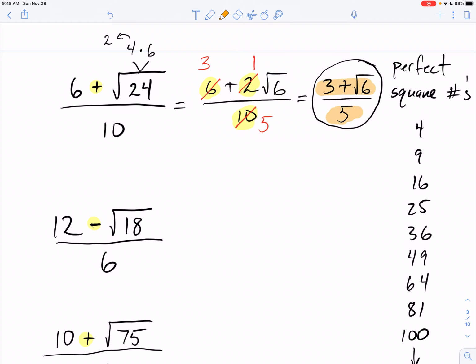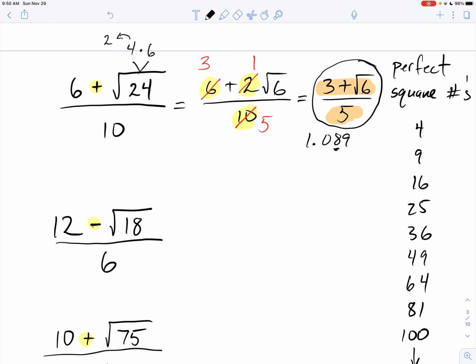So what I have to do on my calculator is I have to get the top to turn into a decimal first. So on my calculator, I punch it in, 3 plus the square root of 6, and then I hit equals. Then I divide by 5. And if I do that, I end up with 1.089, blah, blah, blah, blah.